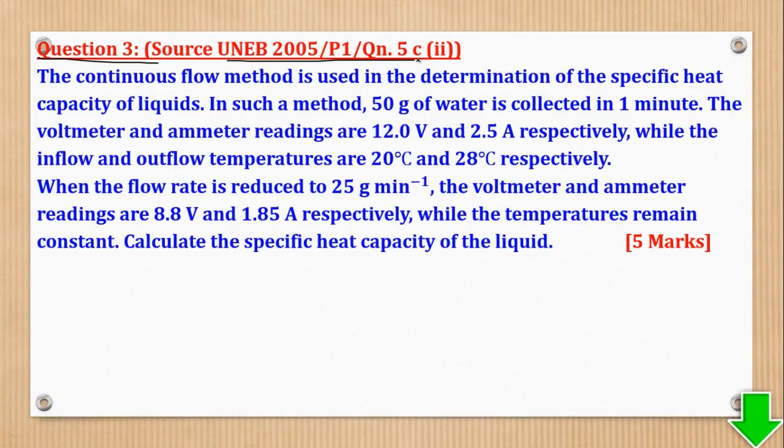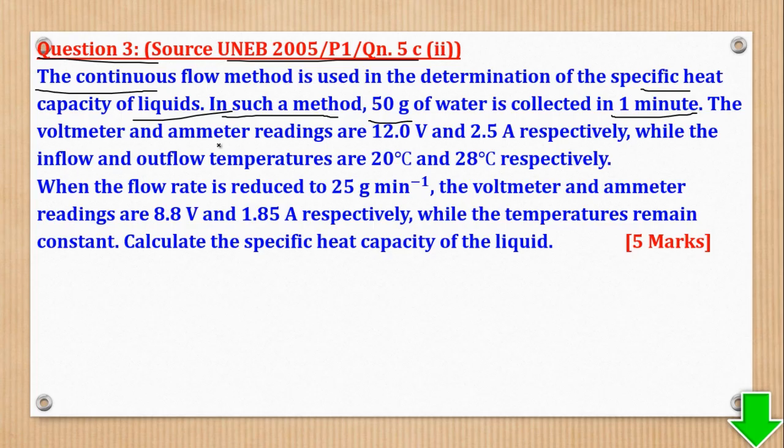Then question 3 came from UNEB 2005 paper 1, question 5C Roman 2, and it says the continuous flow method is used in the determination of the specific heat capacity of liquids. In such a method, 50 grams of water is collected in 1 minute. So this helps you to get mass per second.